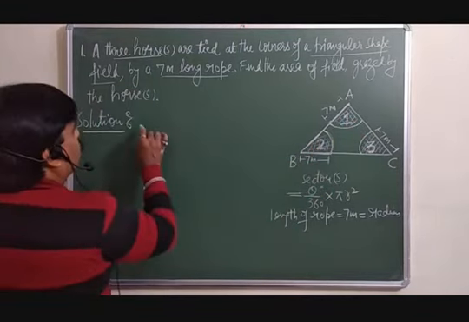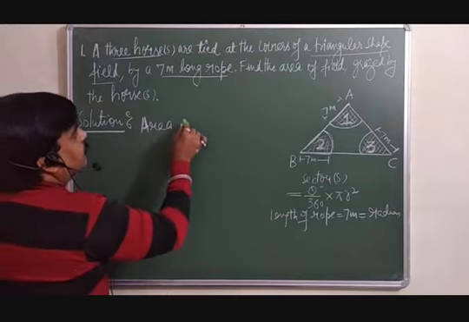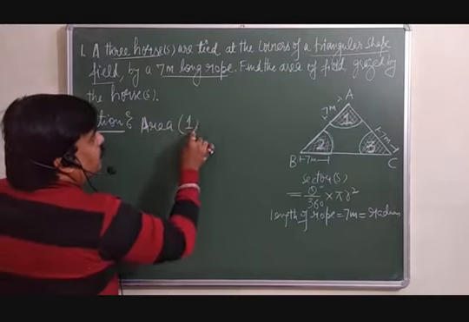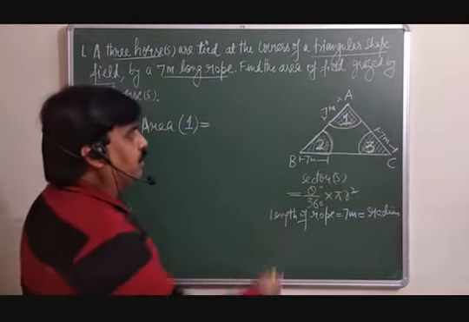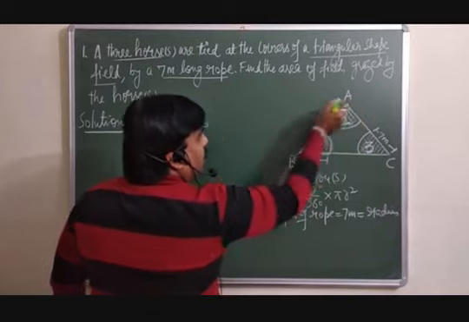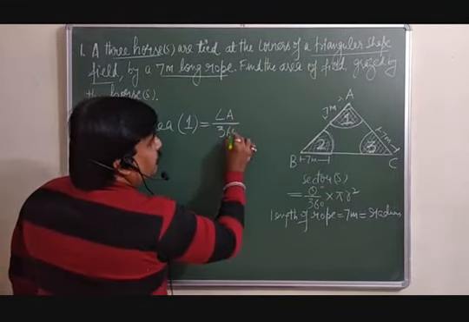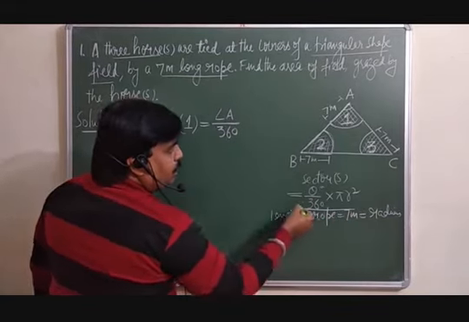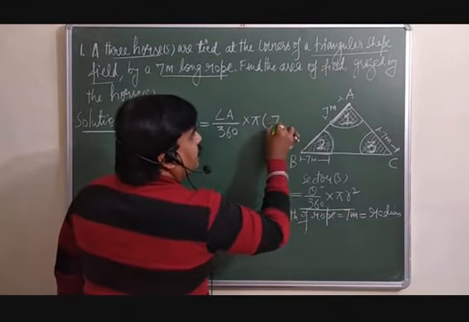Now the area of portion 1 is in the shape of a sector. So theta, say angle A, over 360, क्यों formula ये होता है, into pi r square, where r is the length of the rope, 7 whole square.